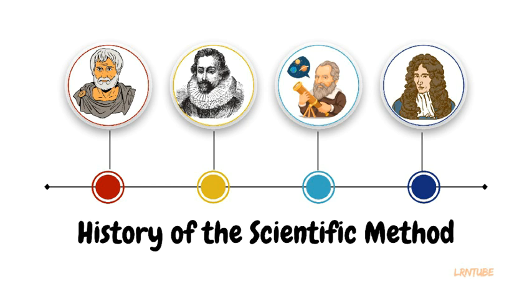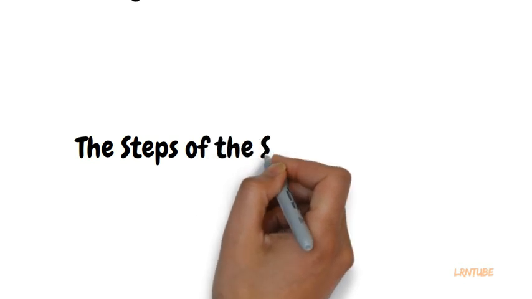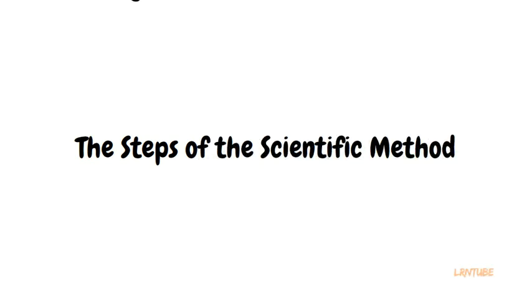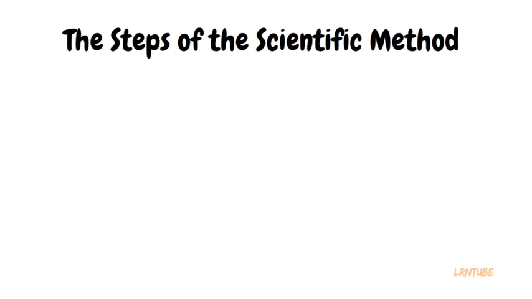Now that we know a little history, let's break down the actual steps of the scientific method and see how it works in action. While some sources might show 4 steps and others may show up to 8 steps, the core principles remain the same.